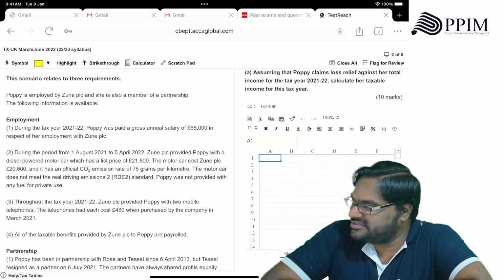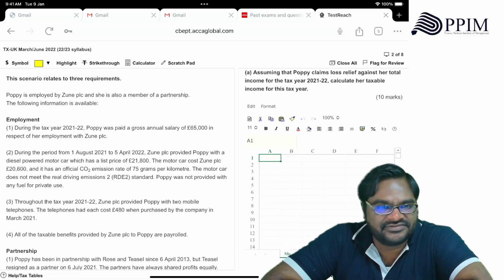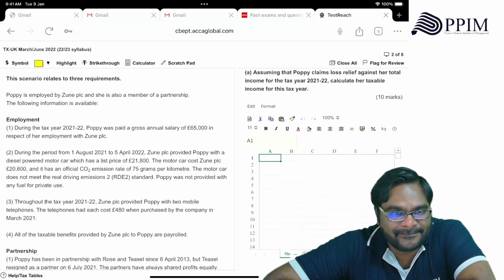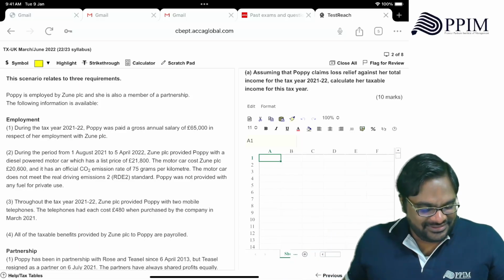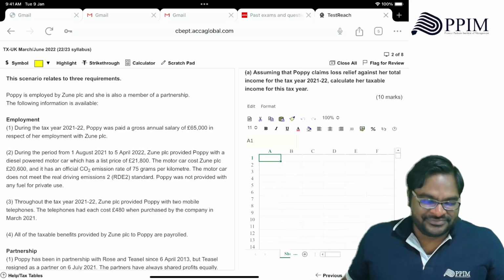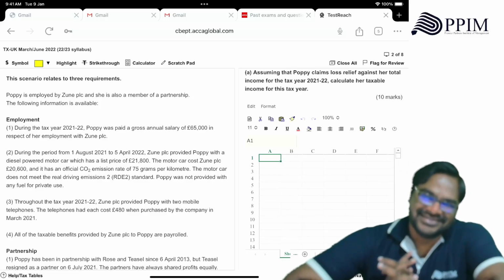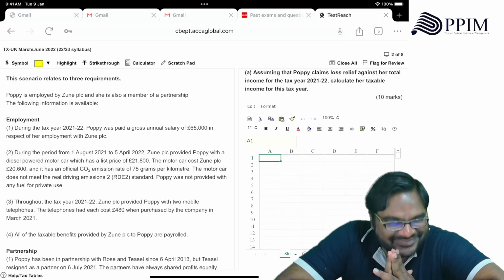During the tax year, Poppy was paid a gross annual salary of 65,000 in respect of her employment. So what should we do for the 65,000? Take it as employment income. Right. Take it as employment income.